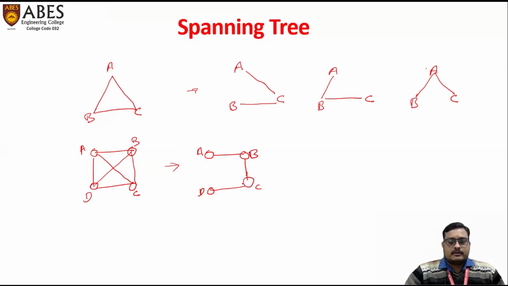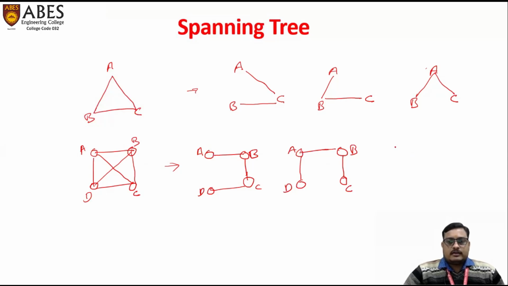So this is connected with only three edges. What is another way? We can also connect like this. We have one from A to D, then from A to B, and then we can take from B to C. So this is also another way to connect this. What is another way to connect this?